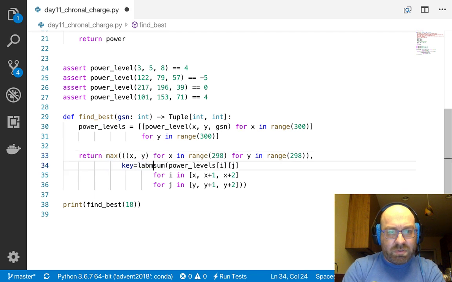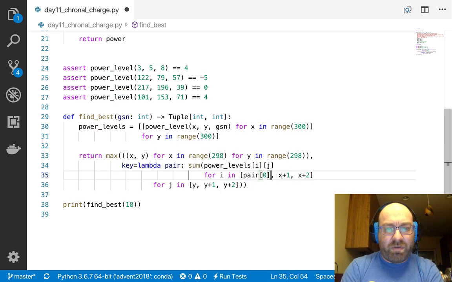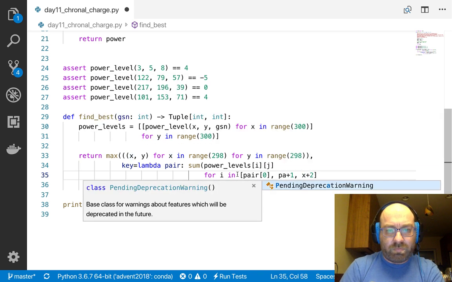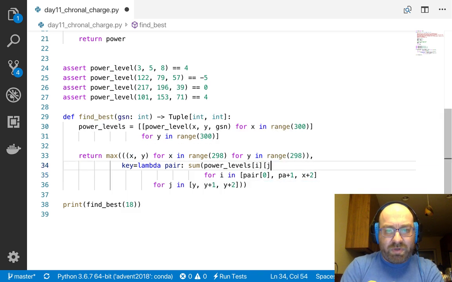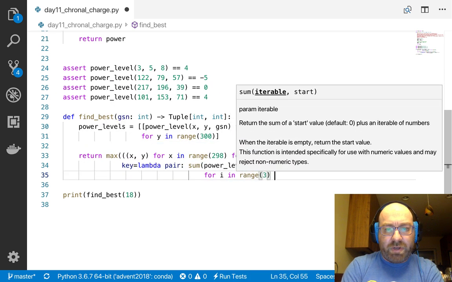Key equals lambda pair: sum power levels ij for i in... Python 2 I could have... let me do this, pair 0 plus i, pair 1 plus j, for i in range 3, for j in range 3.